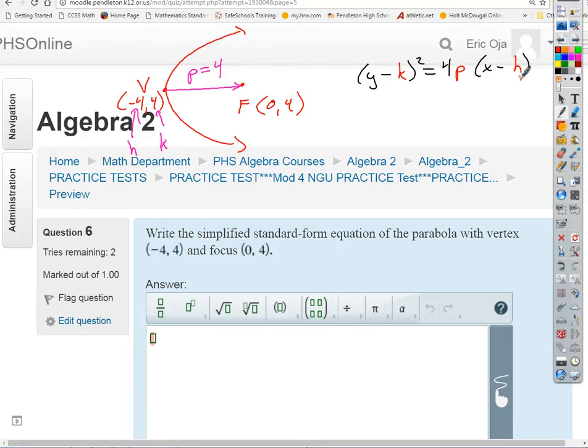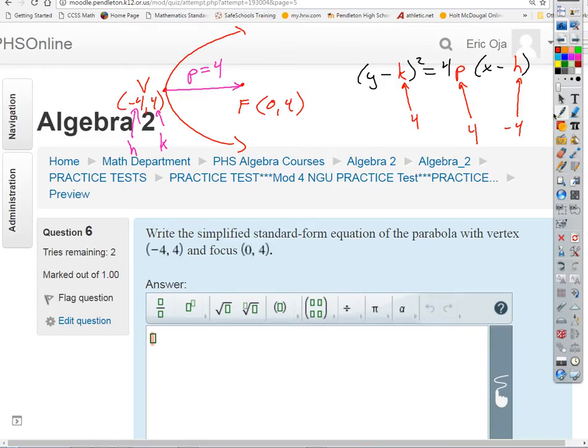For k, we're plugging in +4. For h, we're plugging in -4, because that's the vertex. And for p, we're plugging in +4.